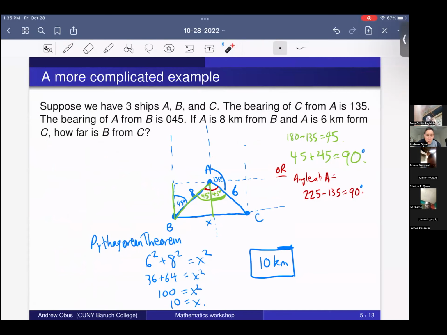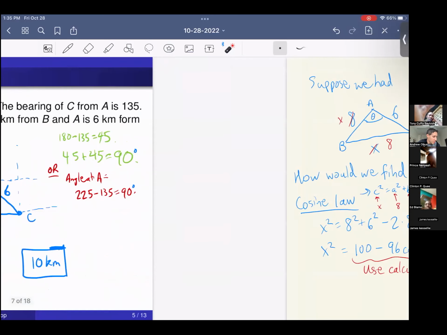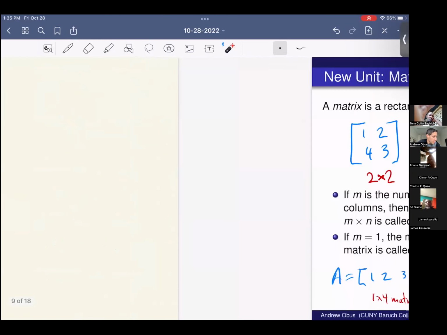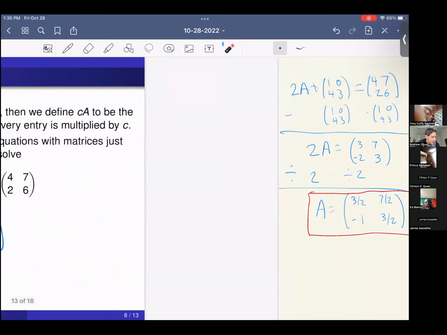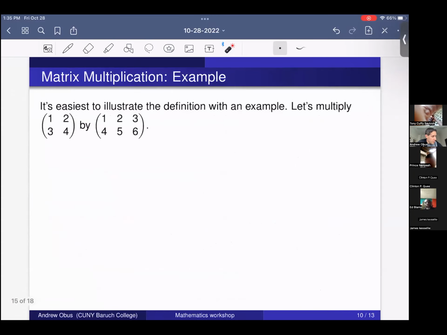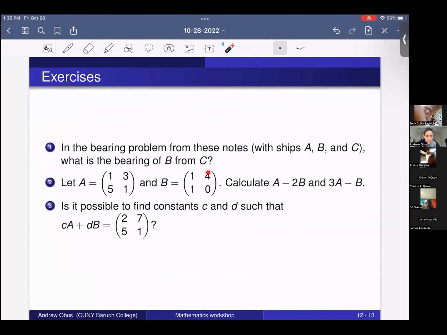So this is the first homework question: try to figure out the bearing of B from C here. The next two questions are just matrix questions. The first one should be pretty straightforward, and the second one maybe requires a little bit of thinking. The first question is, if A is this matrix and B is this other matrix, calculate A minus 2B and 3A minus B. This should be pretty straightforward.